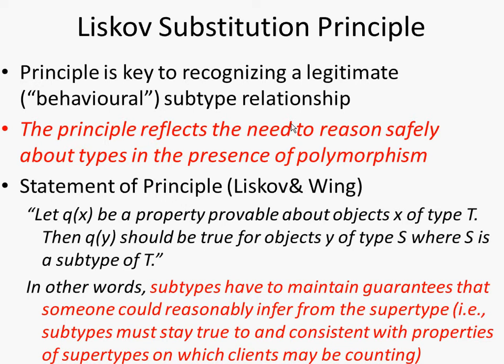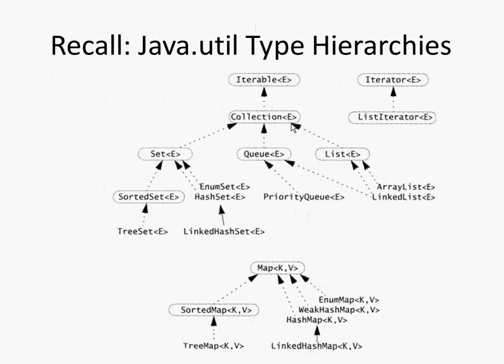Okay, these seem like weird things to mention as properties. But the point is, ladies and gentlemen, that someone could be counting on them. Someone who thinks they're using just an instance of the superclass, or they're looking at the interface, the definition for collection, or the specification for set, or for sorted set, or for map.